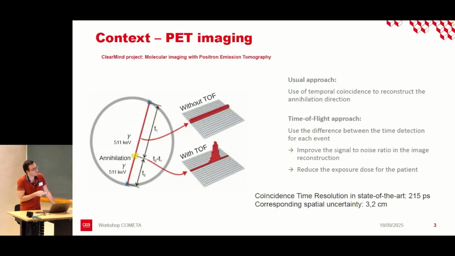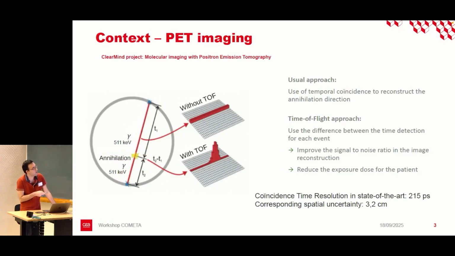Now what we want to do is to exploit the fact that the speed of light is very fast but limited. If we are precise enough, by using the difference of arrival time between the two detectors, we can be more precise on the line and know that for this event, we should expect it to happen in this area.